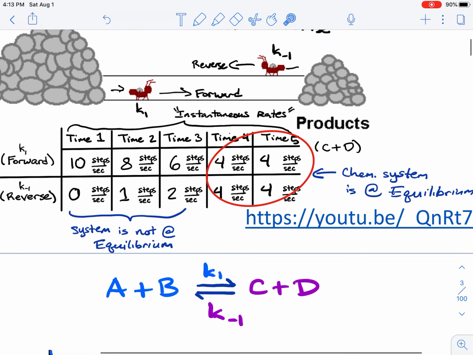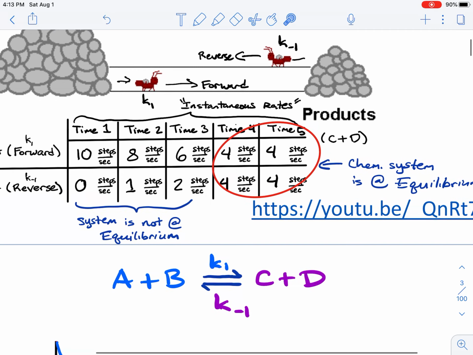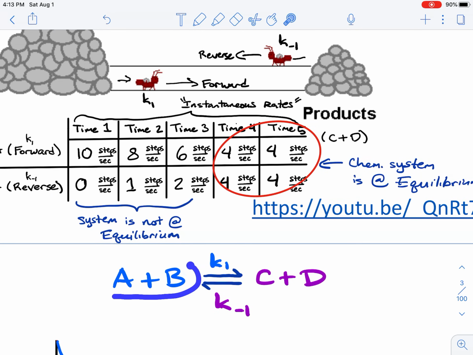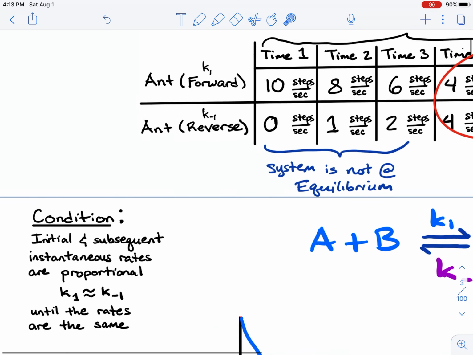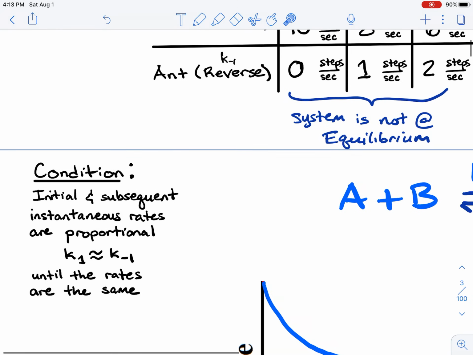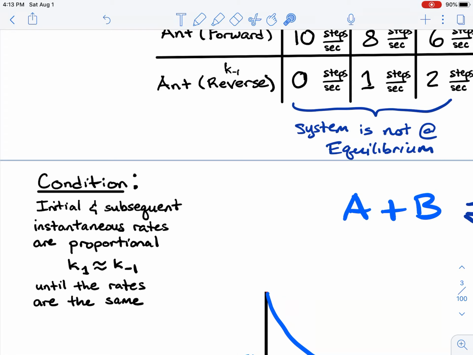All right, so for this example, we're going to take A and B as our reactants, C and D as our products. And so everything in blue is going to be the reactants. Everything in purple is going to be products. And so the first scenario that we're going to look at, hopefully becomes clearer as we progress through this lecture video.